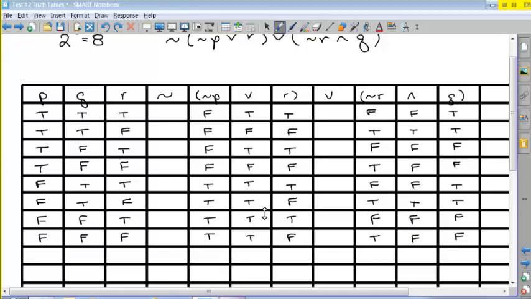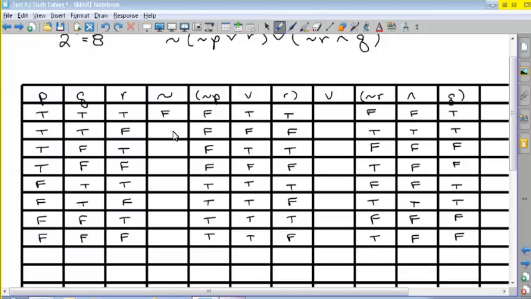Okay, now in the past we would have compared these 2 columns, but we have to take the negation of what's on the left-hand side, so we get the whole left-hand side result. So I take this column, which is the result of what's in the parentheses, and I do the opposite. So everything in this column becomes the opposite truth value.